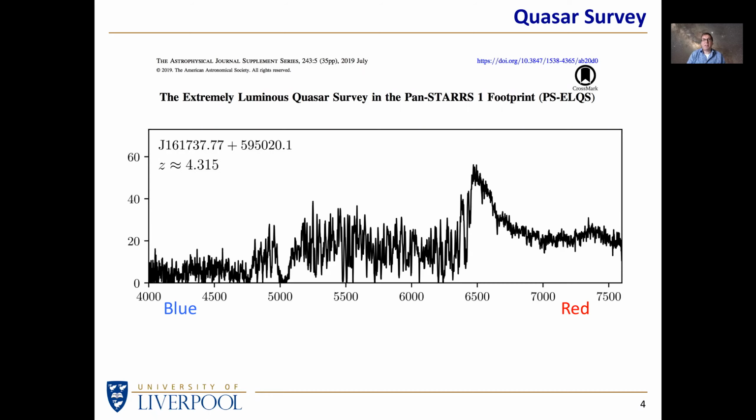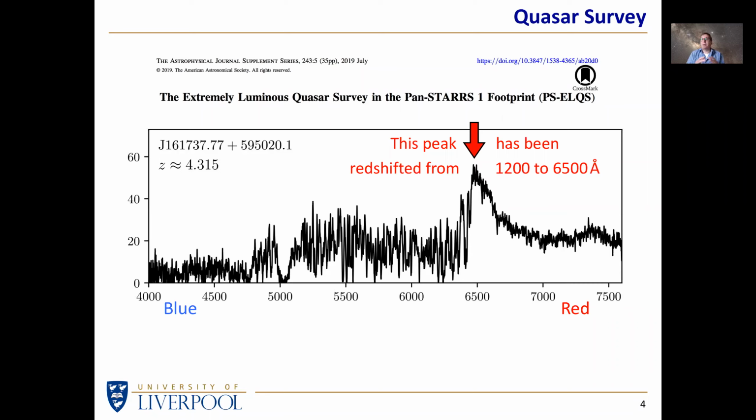And what we're actually seeing here is the spectrum. We see here from blue to red the intensity of light coming from this particular quasar as captured by these professional astronomers. And what is particularly interesting is this biggest bump there, which we see at about 6,500 angstroms. An angstrom is 1/10 of a nanometer.